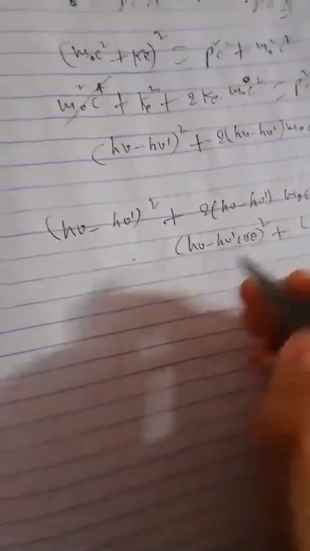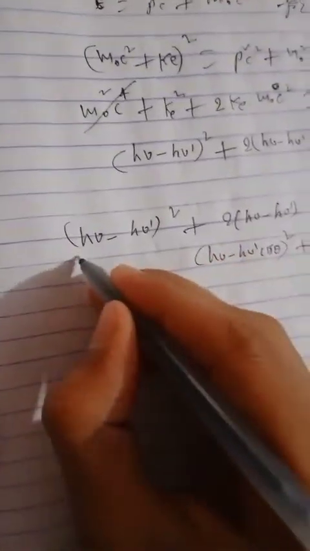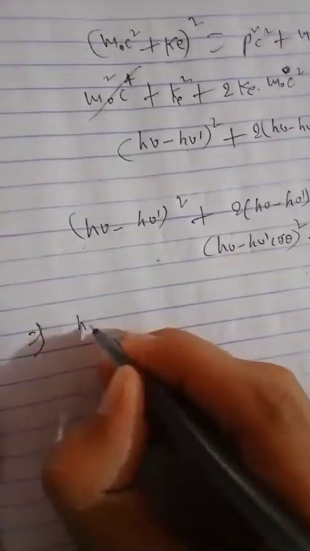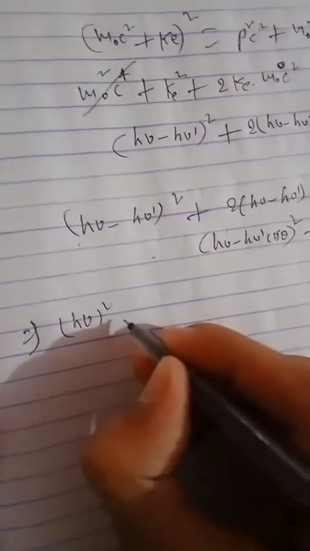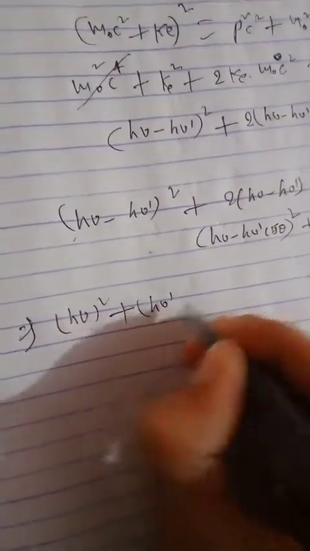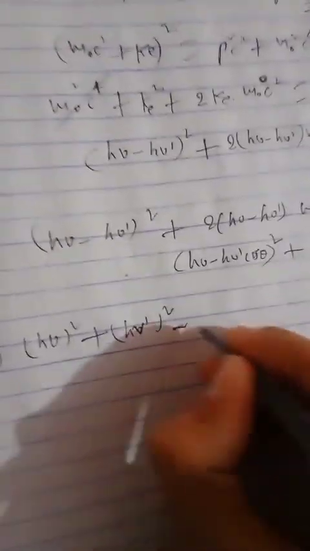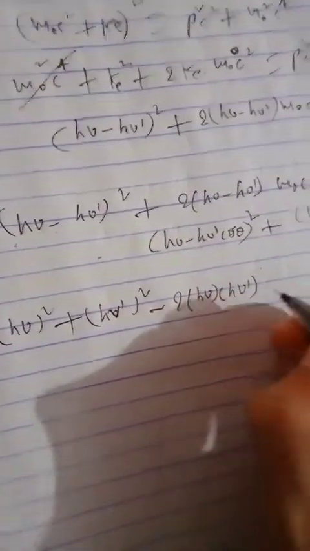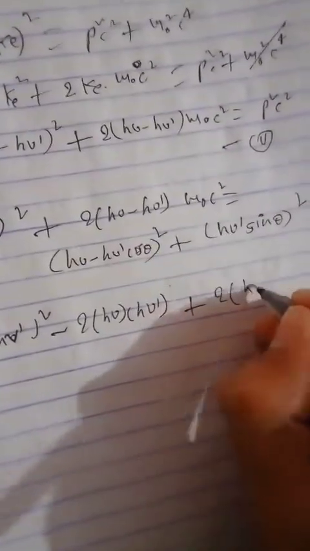What we do is just square it and square it here and then go further. Here we have h nu whole square plus h nu prime whole square minus 2 h nu into h nu prime, and here just leave it as this.